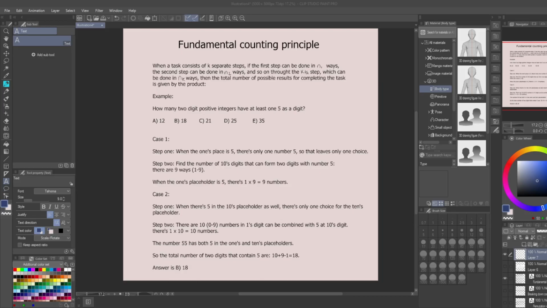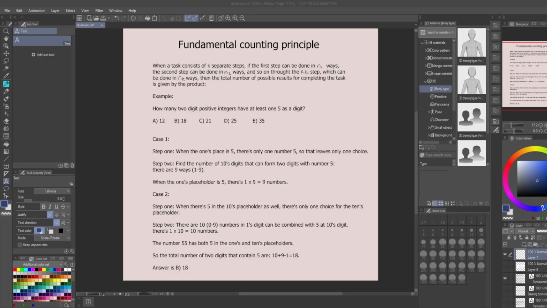So when the ones placeholder is 5, there's 9 numbers that we can have. For case 2, when there's a 5 in the tens placeholder, there's only one choice for the tens placeholder, which is 5. And for step 2, there are 10 numbers in the ones digit that can be combined with 5 at the tens digit. So that's 10 numbers.